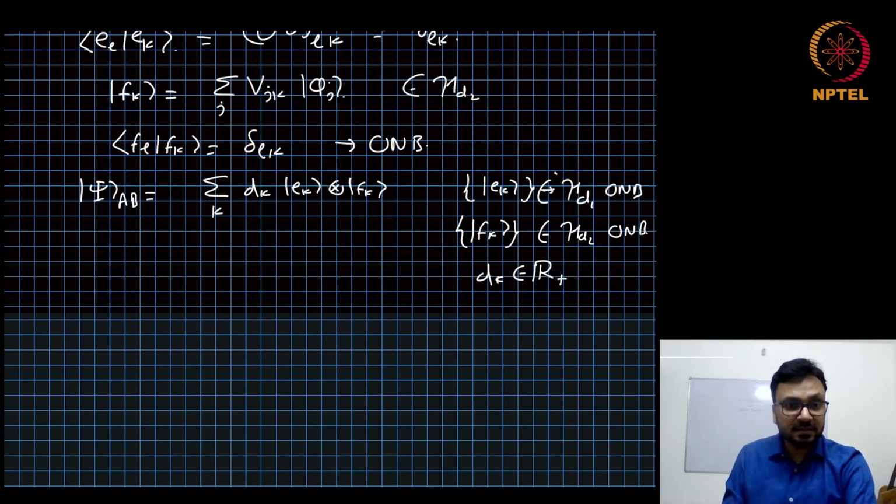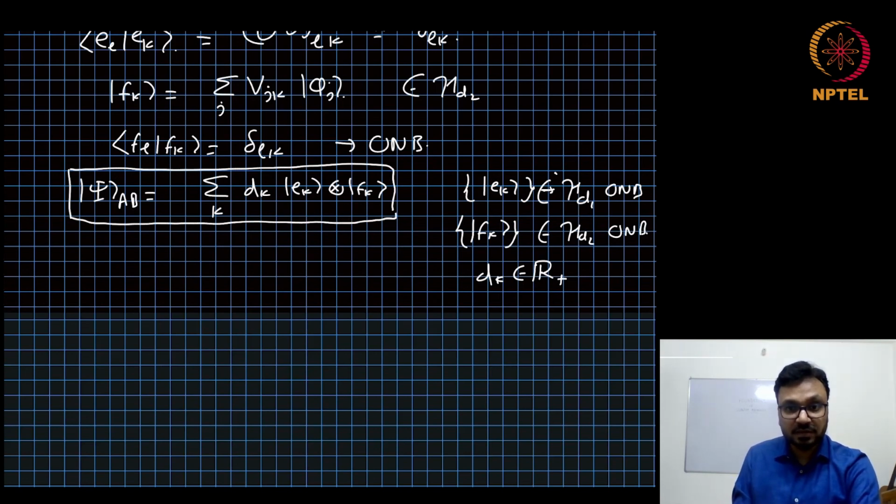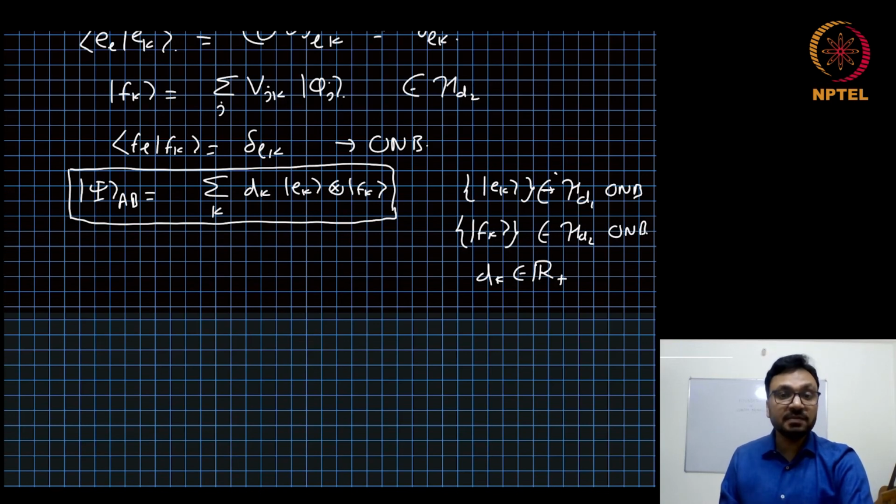Okay, so this decomposition is the canonical representation of the state psi. This is the minimum you can achieve in terms of the number of terms. And this is called Schmidt decomposition.